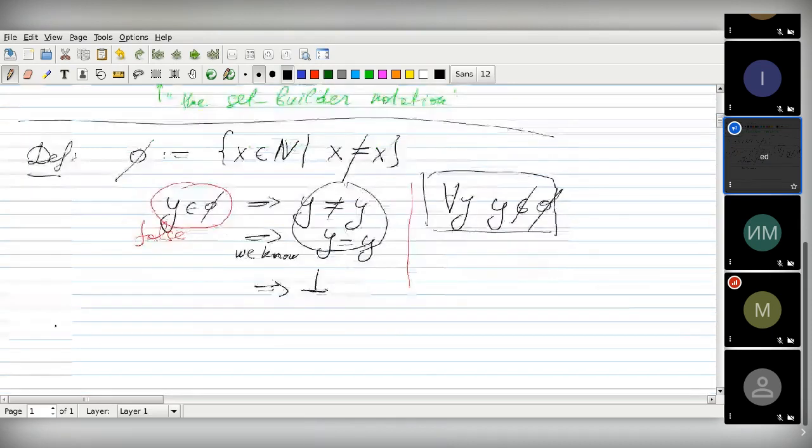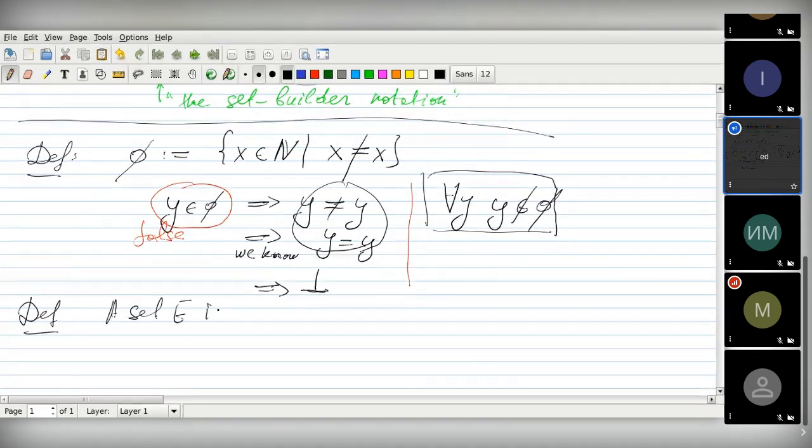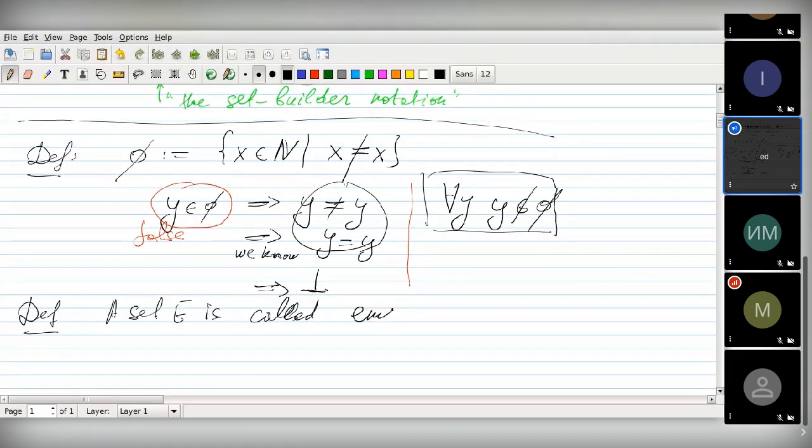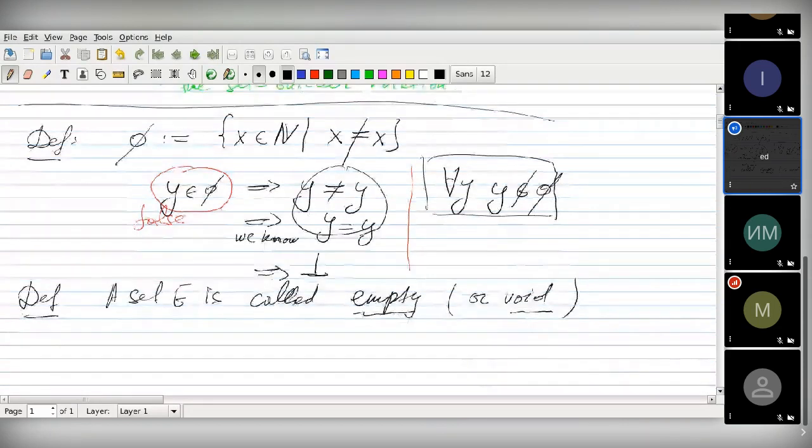Interesting. By definition, a set E is called empty, or alternatively they say that it is void. According to the Russian tradition, I'll call it empty.